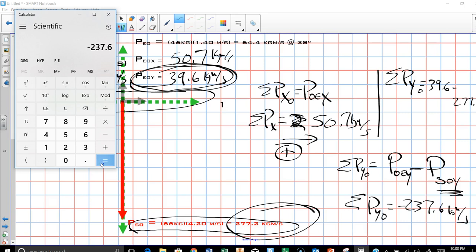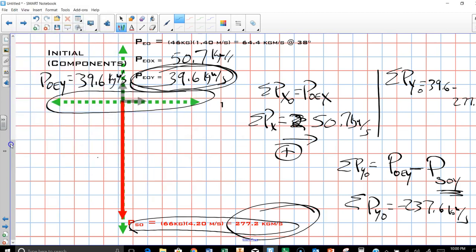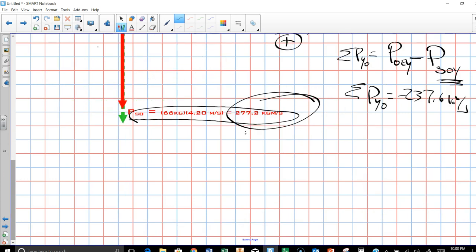So what we're looking at, when we're all said and done, is a momentum in the x of, what we said was 50.7, and a momentum downward in the y of 237.6.